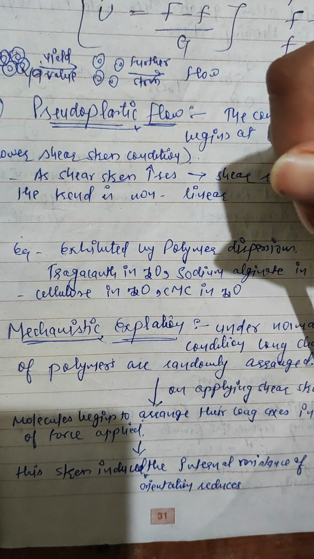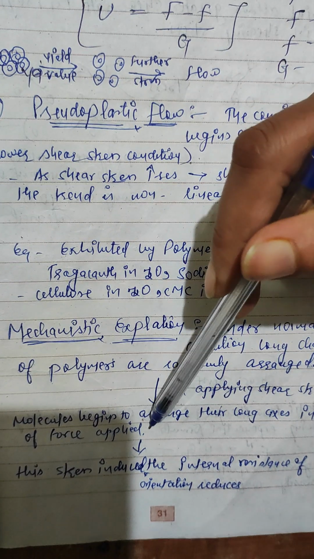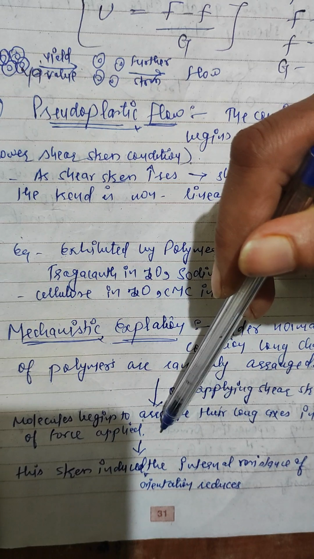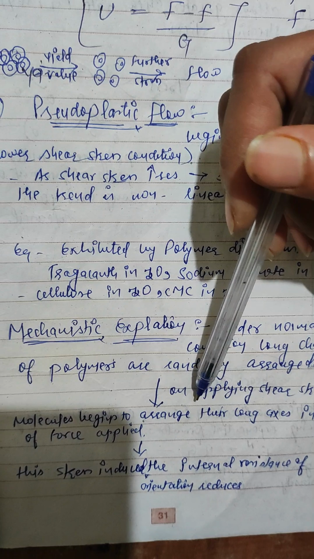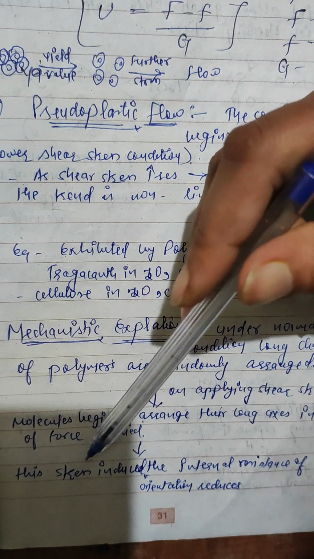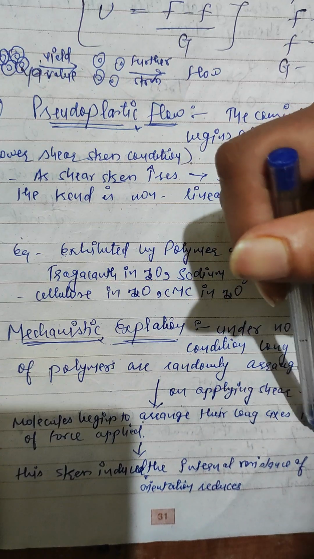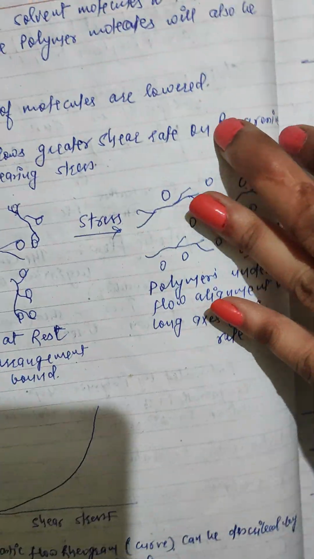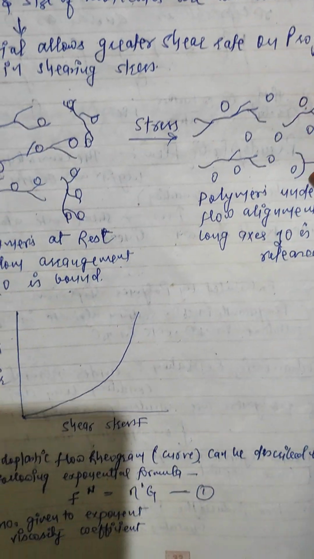On applying shear stress, molecules begin to arrange their long axis in the direction of the applied force, like I just told you. The stress induces the orientation and reduces the internal resistance of the material. So the internal resistance of the material decreases and it starts to flow, right?